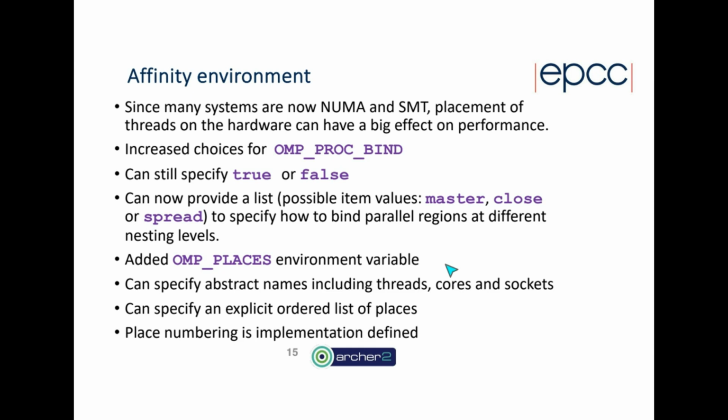There's also an OMP_PLACES environment variable. This allows you to say, when you're doing this binding, what hardware entities we are talking about. It could be threads, meaning hardware threads, or cores, or sockets. You can also give it explicit lists, so you can say, please bind my threads to cores 0, 4, 7, and 23.